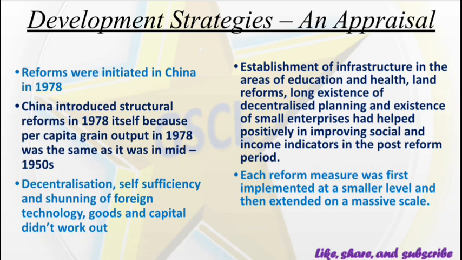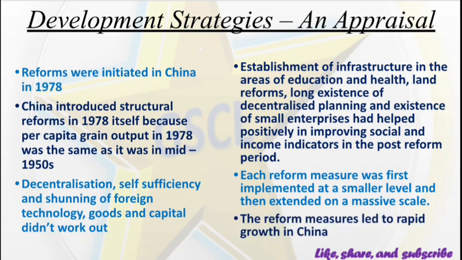The reform measures were first implemented at a smaller level, a kind of pilot study. It helped them to gauge the pros and cons of the reform, thereby rectifying the cons. Later, it was introduced on a massive scale.